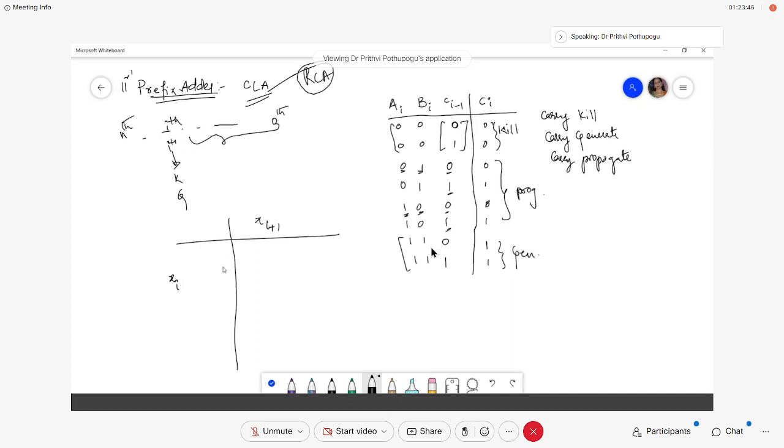Say a kill condition, propagate condition, or generate condition is there in the ith stage. This is based on a of i and b of i, and this is a of i minus 1, b of i minus 1.